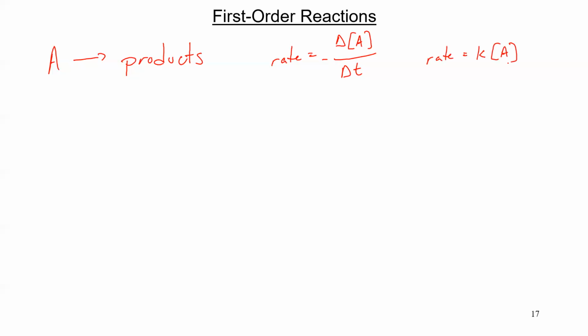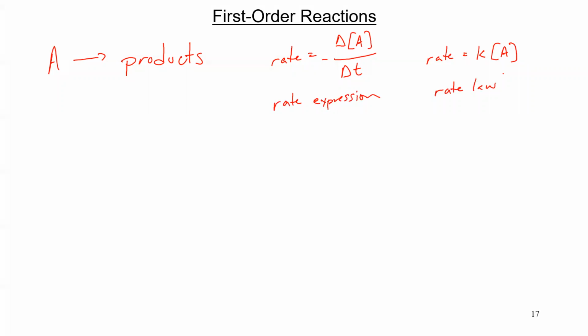They both have rate on the left-hand side. When we see this ratio of the change in concentration over time, we call this a rate expression. And when we have rate equals the rate constant times the concentration, we call this the rate law.